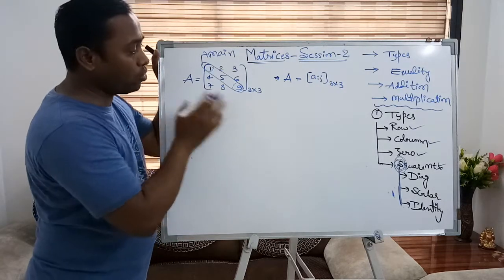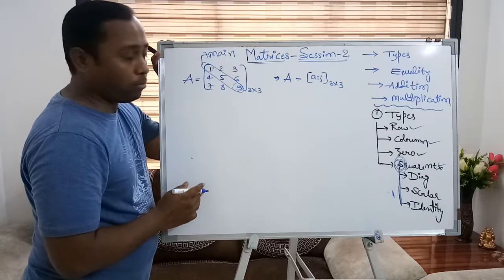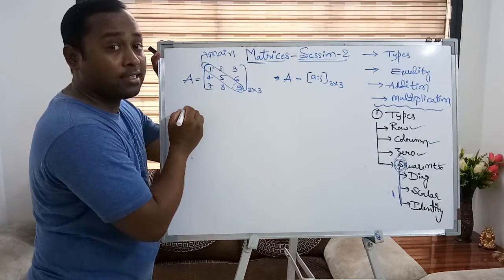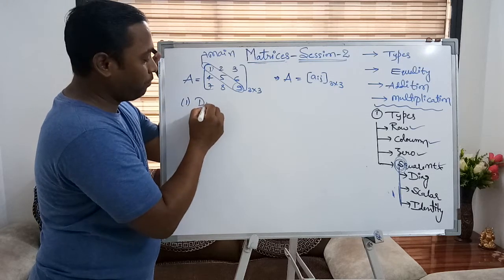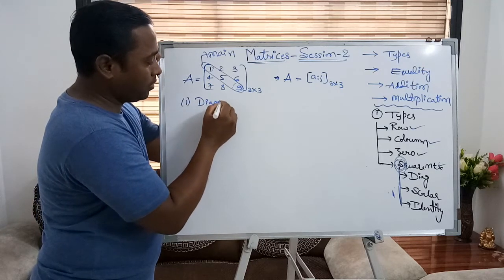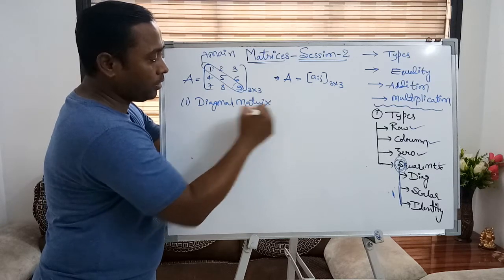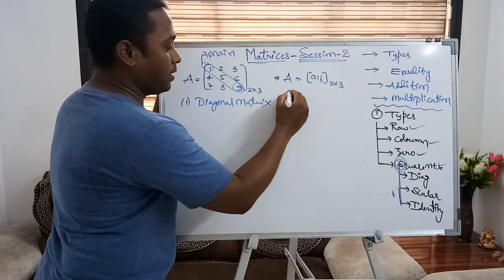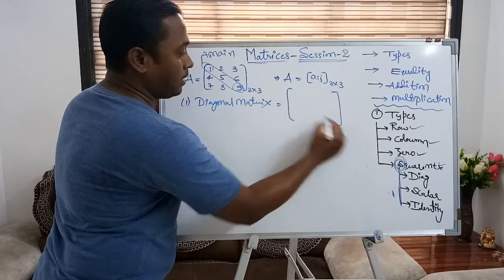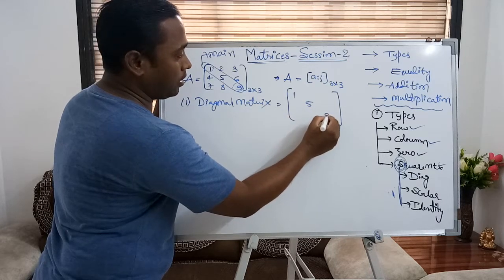Now based on this, we are going to categorize the square matrix. A square matrix is said to be a diagonal matrix if, except for the diagonal elements, the rest are all zeros.